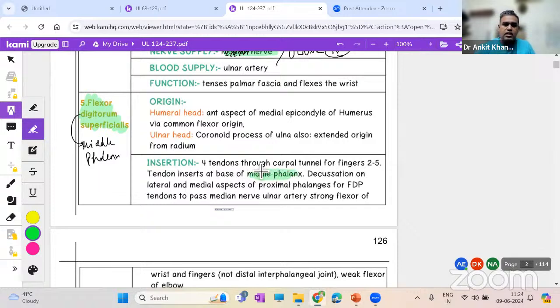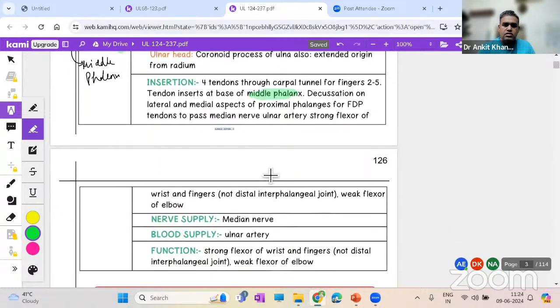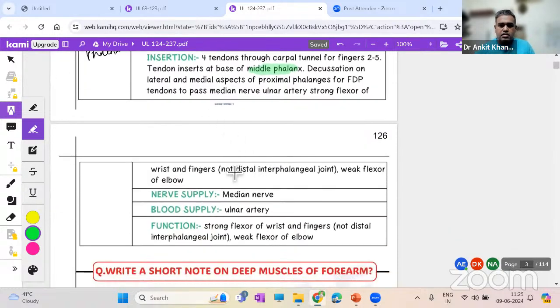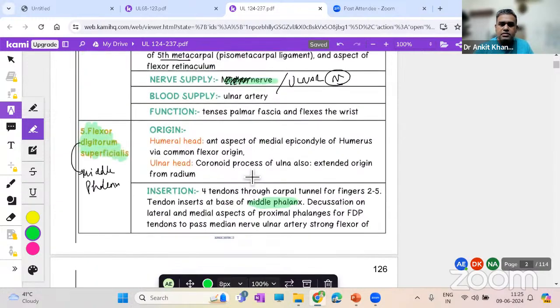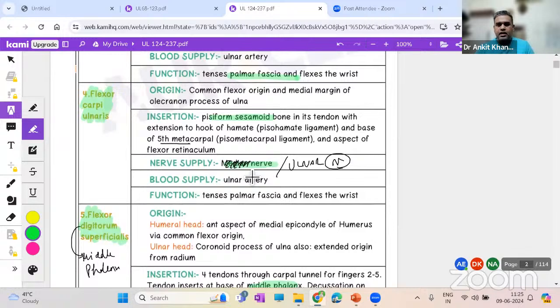Okay, that is what you need to know. So if you understood this, then it is going to flex, not the DIP, already written over here. Again, FDS nerve supply is median nerve and a strong flexor of wrist and fingers, not DIP, and weak flexor of elbow also. So you should know all these muscles we have seen, their nerve supply is mainly median nerve, except this FCU over here. Okay, and this FCU, its nerve supply is ulnar nerve, not median.